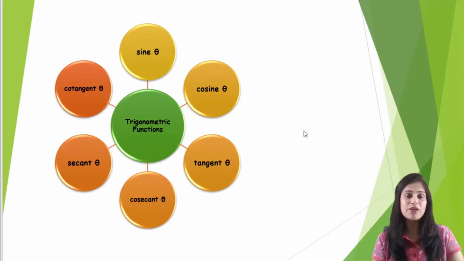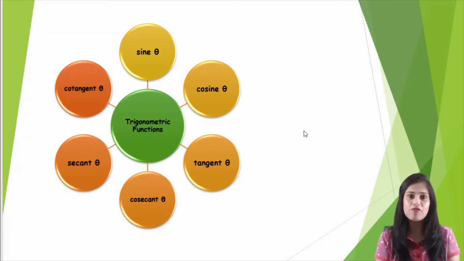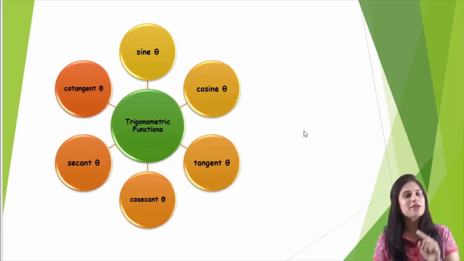And see one more thing here: every function is written with an angle. It can be theta or any angle which we can use at the vertices of the triangle. It can be in any form, but we have to make sure that every function is written with an angle, right?